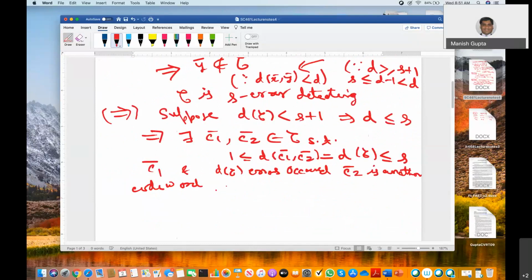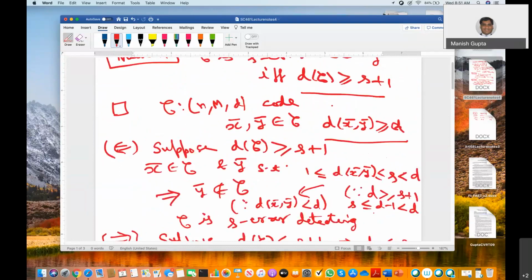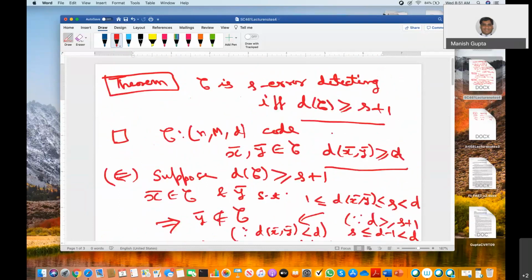Since c2 is another code word, and not outside C, C is not S error detecting. Okay, so this is a nice result. I'll just summarize. The result says that C is an S error detecting code if and only if the minimum distance of C is at least S plus 1. This is very fundamental and basic.